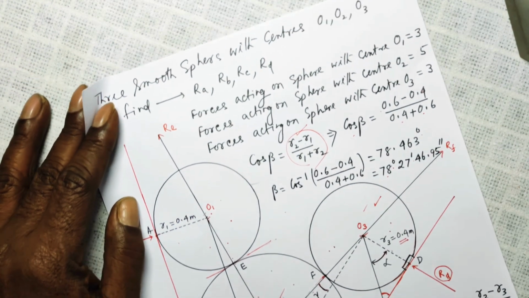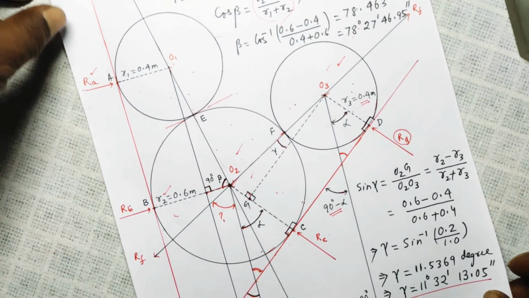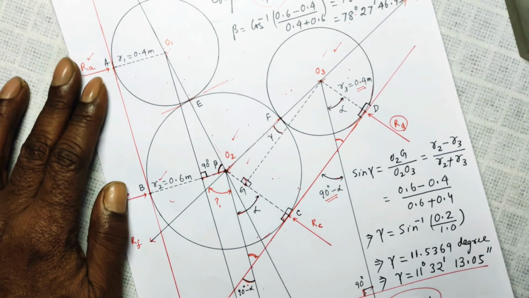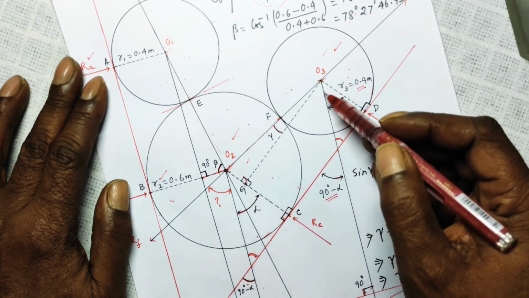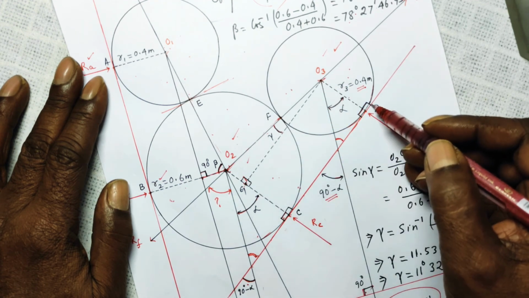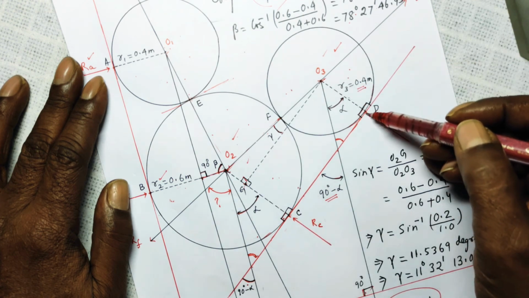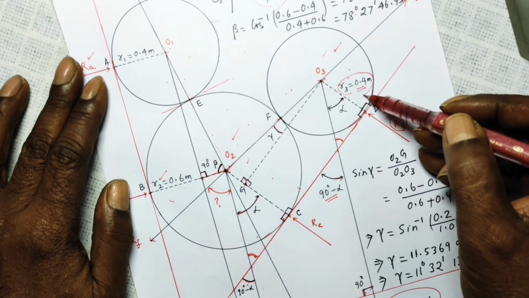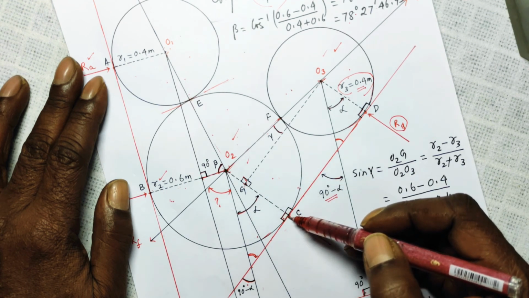46.95 seconds of arc. Now let us find cos gamma, the value of gamma. In this triangle O2, G, O3, this line is parallel to this red line. Therefore the distance from O3 to this point, which is R3, will be equal to the distance from G to C, that is also equal to R3, that is 0.4.